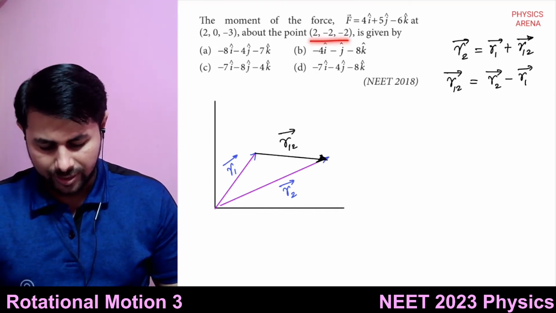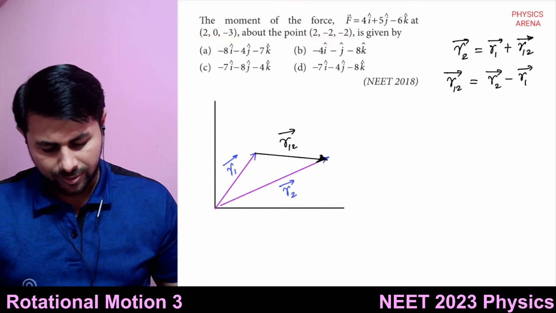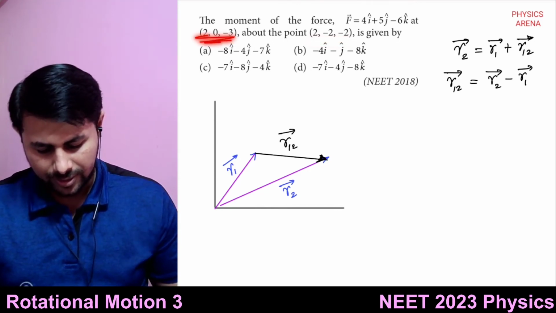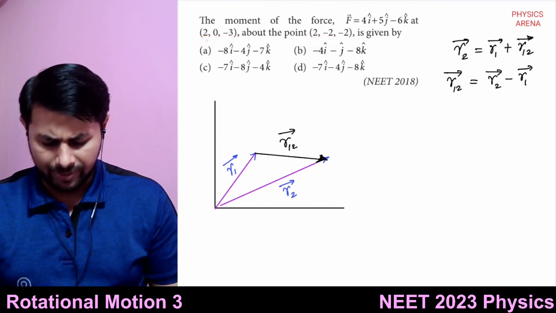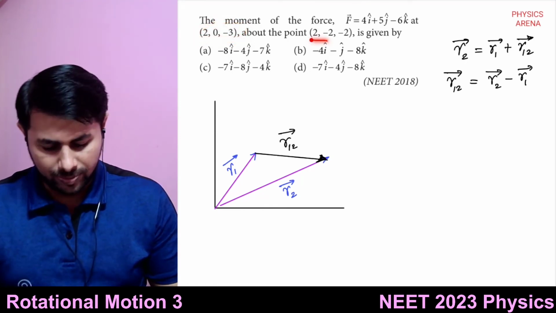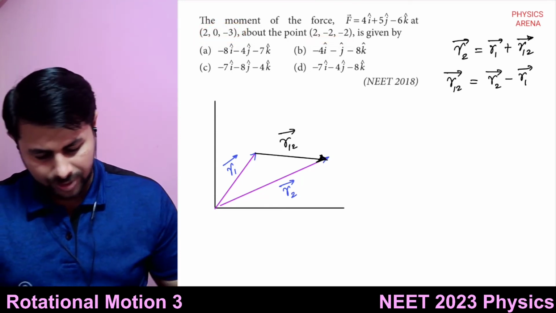Okay, so you are given the point. So this is R2 bar, the position of R2, and this is the position of R1. So we can substitute that.